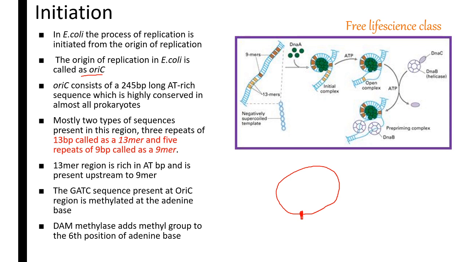Now we can discuss this ORIC region in detail. In this picture you can see an enlarged image of the ORIC region. ORIC consists of a 245 base pair long sequence, so it is not a short sequence.